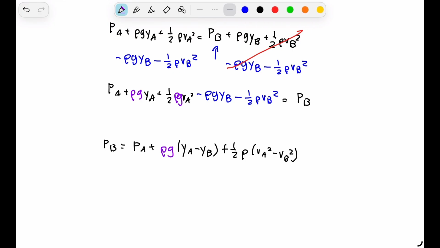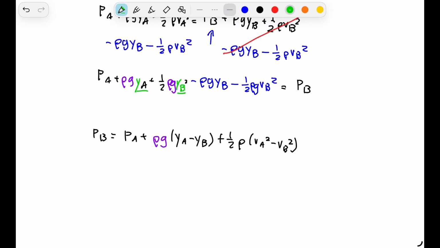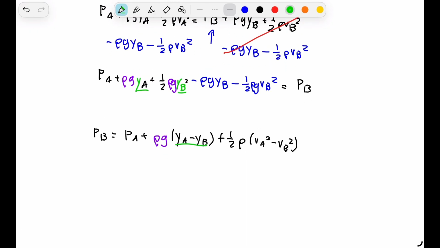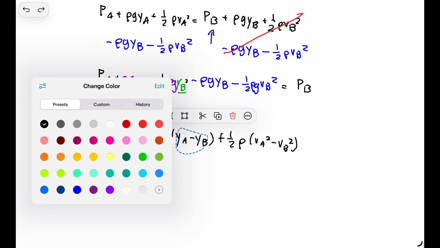This is actually missing a G. That's going to be rho G. So we can factor that out, and then we were left with on the inside our YA, YB here. So that was YB, and yeah, we had A, B there. Okay, now after this, so let's actually make this the same color as well.